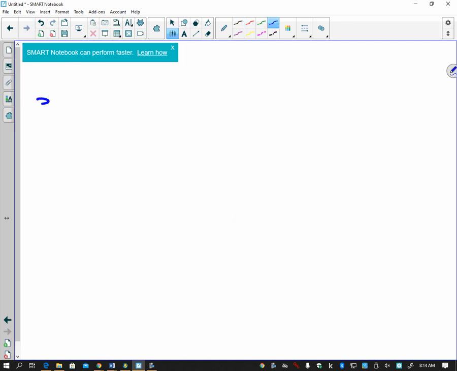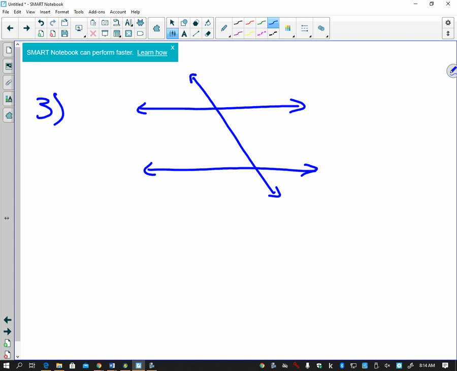Number three is going to talk about a swimming pool. It's going to give you two parallel lines that look like this. It's going to give you a transversal somewhat like this.